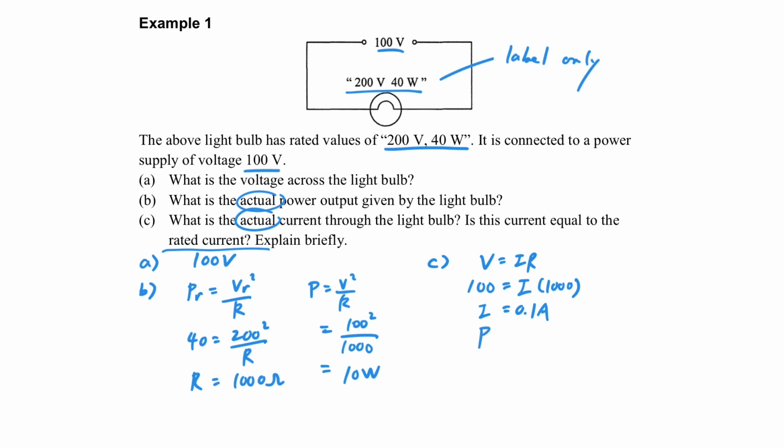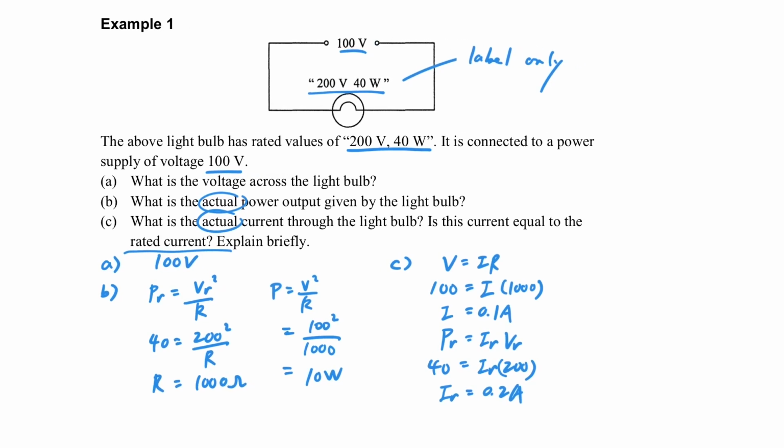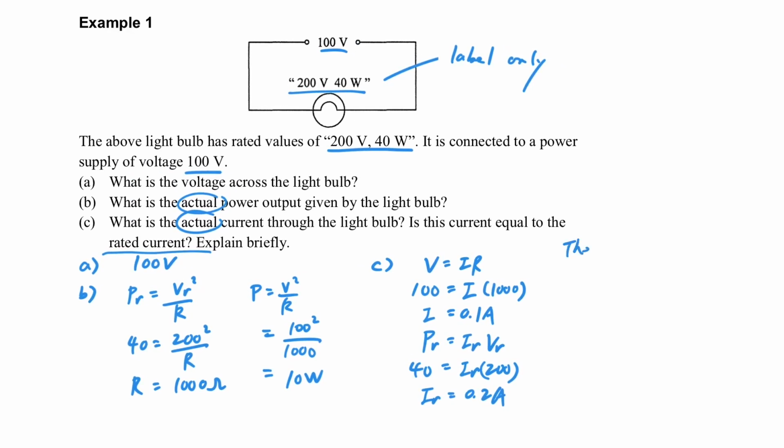You can see that it should not be equal to the rated current, because we can use P = IV to find the rated current, and we expect that it is different. So this is how we can use the label to do this kind of calculation.